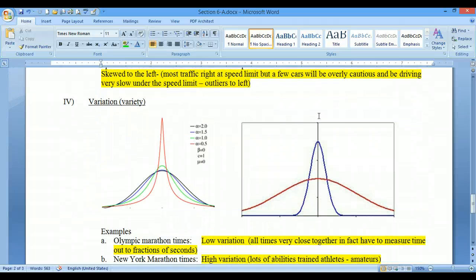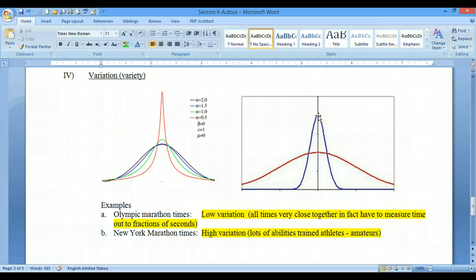Now let's talk about variation. This is about the variety of my data down here. So the variety, if I have a much skinnier mode or peak, that means that my data is only being held from here, this number to this number.